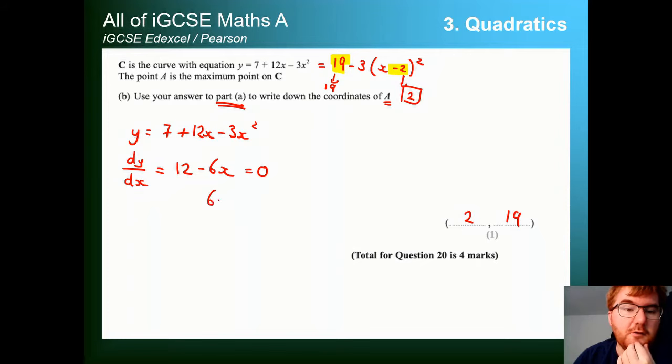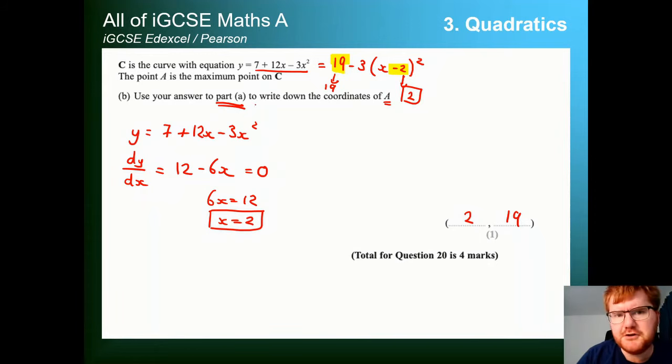So we solve this equation. Notice we then get x is equal to 2, the same as what we got in this question. And then to work out the y value, we just replace x with 2 in this equation to generate 19. But I'm really following the letter of the law here, so to speak, with the question, where it's getting me to use this answer in part a to work out these coordinates.